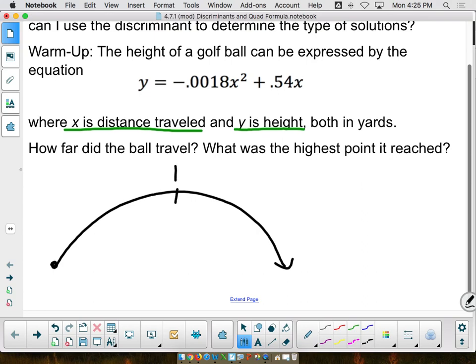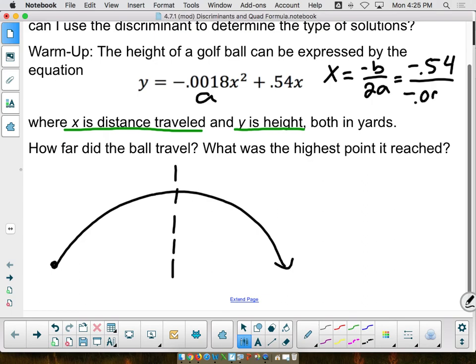To start with, we want to find the axis of symmetry, which we know is an x coordinate. If we're in standard form, the axis of symmetry is x equals the opposite of b over 2a. In this case, the opposite of b is -0.54, and 2 times the a value gives -0.0036.